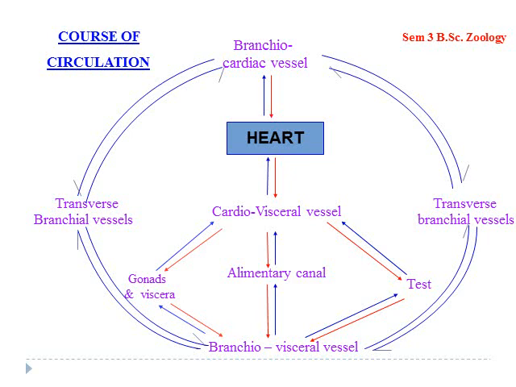So the blood which has reached the brachiocardiac vessel is pumped through the transverse branchial vessels. Okay, and these transverse branchial vessels take up oxygen. So after the branchial, this brachiocardiac vessel also supplies the mantle and the test through integumentary vessels.